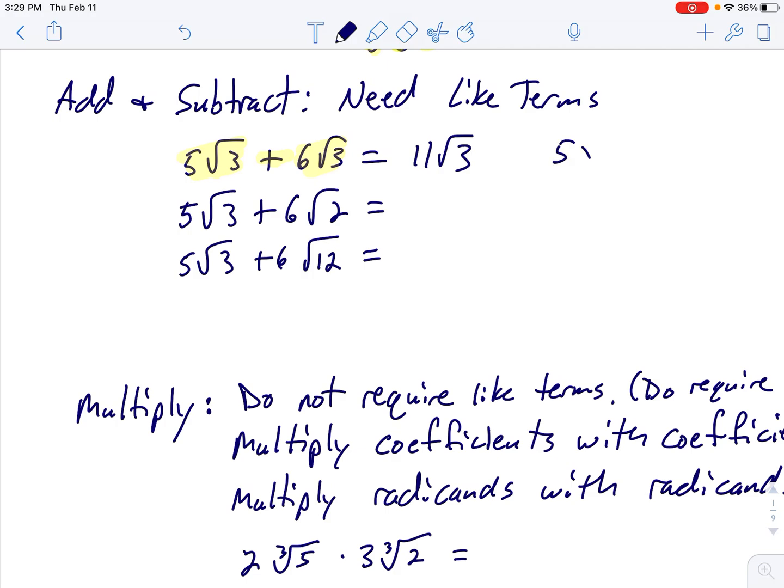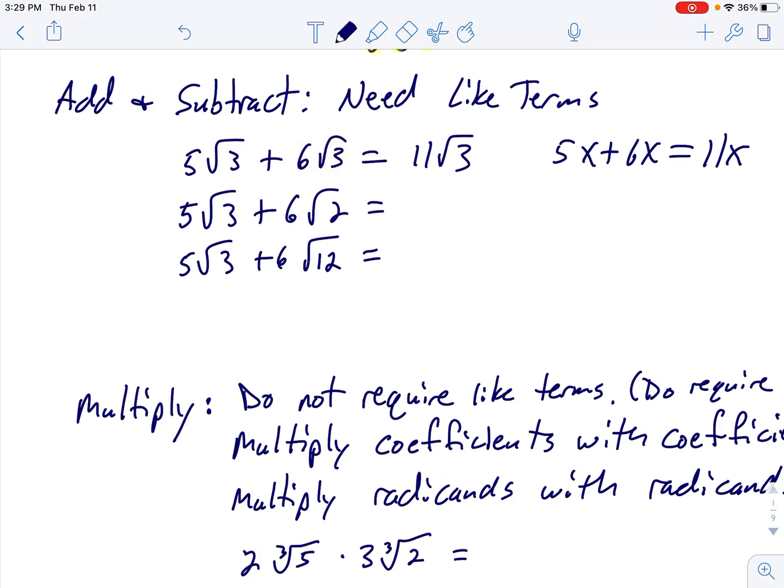It's just like adding 5x plus 6x. The 5 and the 6 get added, that's your 11, but the x just stays an x. Here, the 5 and the 6 get added, that's where that 11 comes from, but the radical 3 just remains a radical 3, or you can say square root 3, however you want to say that. So that's the general rule for adding, and the same rule would go for subtracting, very similar to variables.